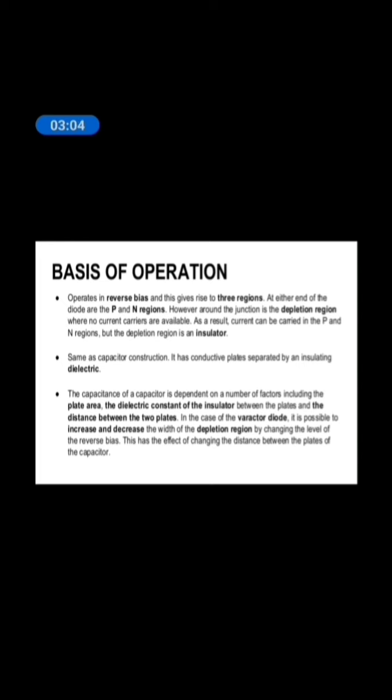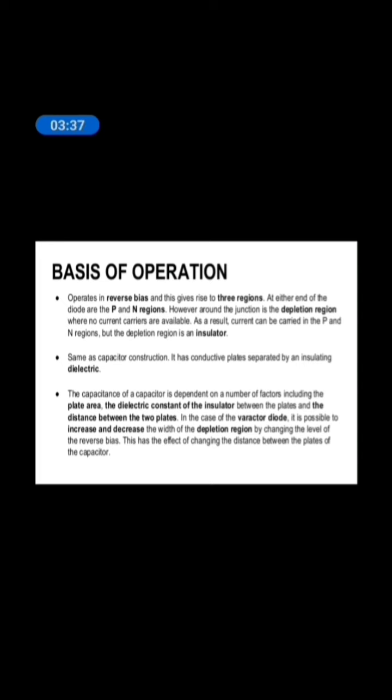However, around the junction is the depletion region where no current carriers are available. As a result, current can be carried in the P and N regions, but the depletion region is an insulator. Since there are no mobile charge carriers in the depletion region, it behaves like an insulator when the diode is connected in reverse bias.